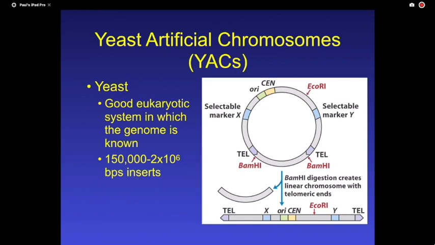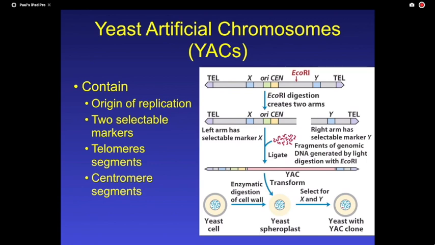And so we can take this engineered plasmid, digest it, and insert somewhere between 150 and 2 million base pairs. After it has been processed, it looks just like a chromosome. That then can be transformed into the yeast cell, and then we can grow up the yeast cell. Here, very large pieces of DNA.